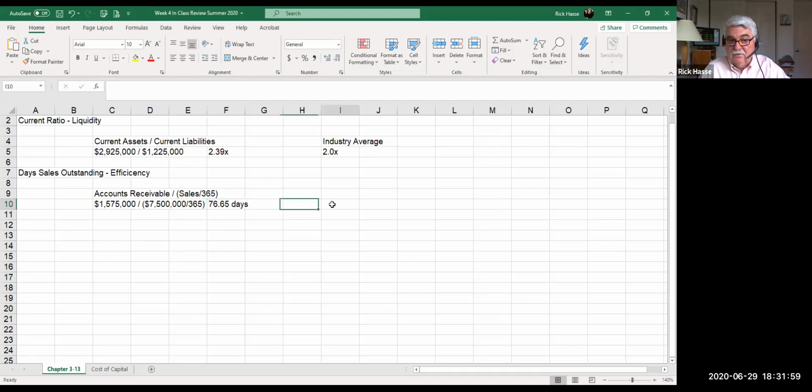The industry average for this business is 35 days. They have a problem with receivables. Either they're not collecting them per procedures within their accounts receivable collection agency, or they're doing business with a bunch of deadbeats, which sometimes happens.